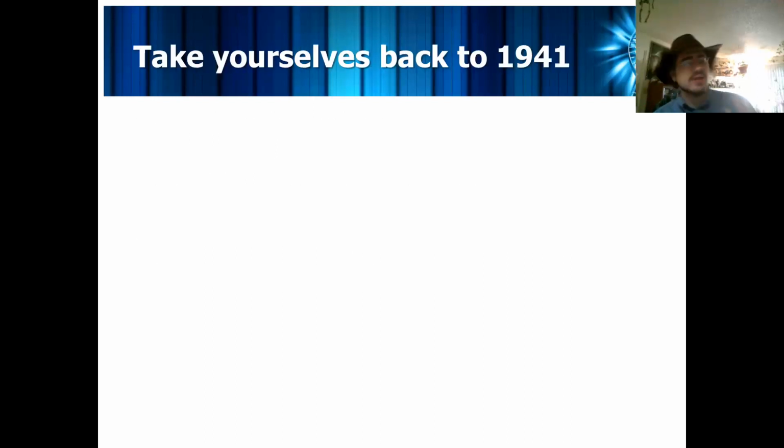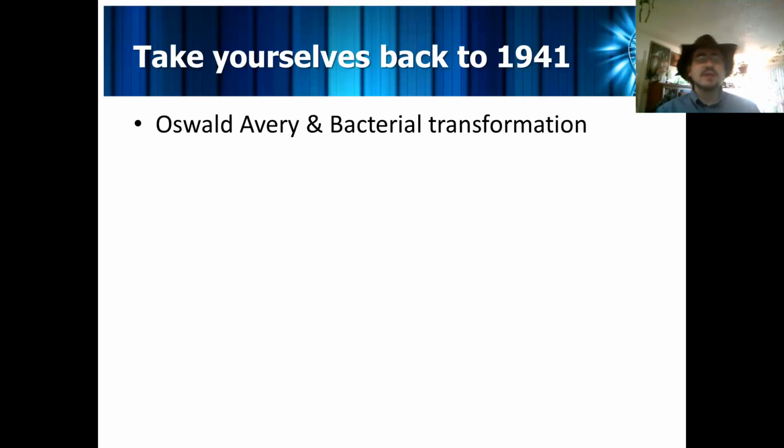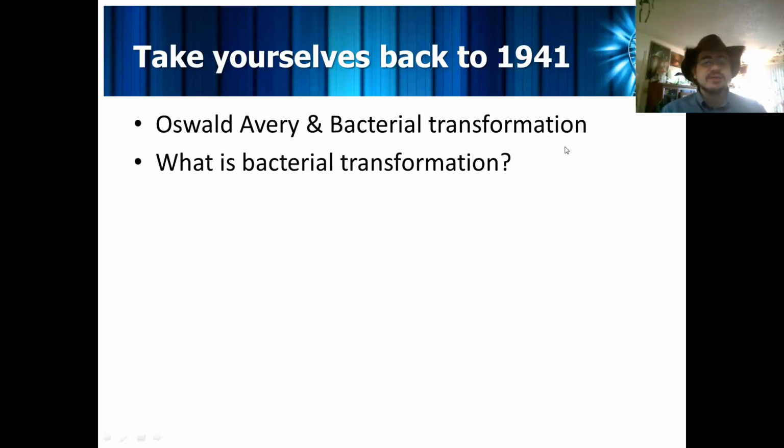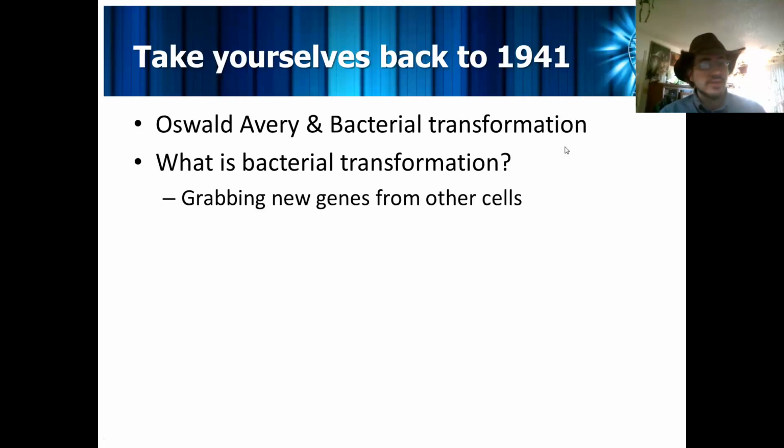So we're going to take ourselves back in time to 1941. The first experiment we want to look at was done by Oswald Avery and bacterial transformation. So what is bacterial transformation, you ask?